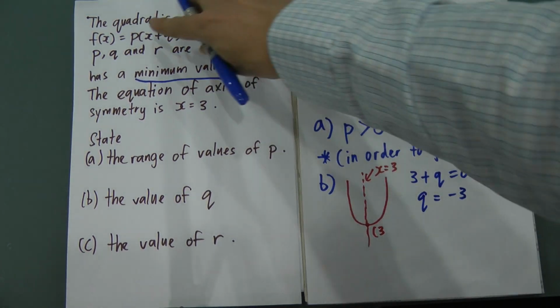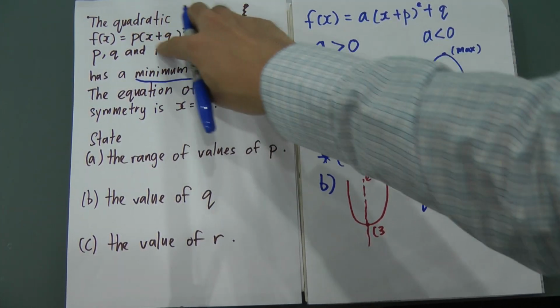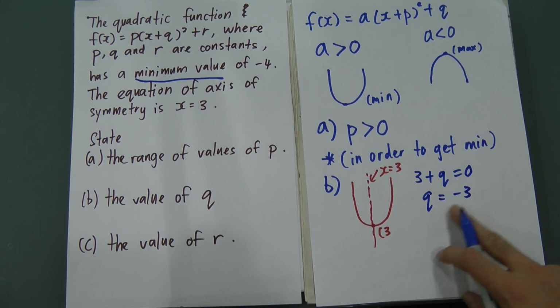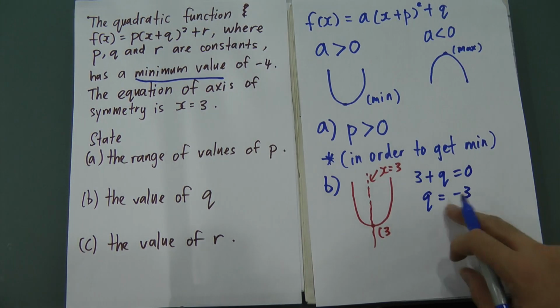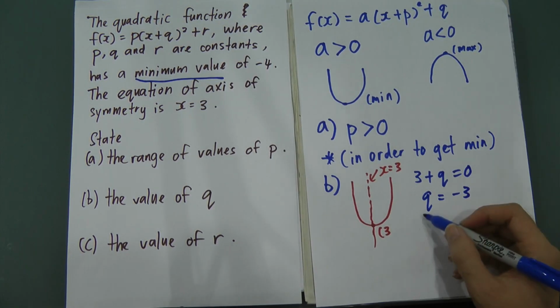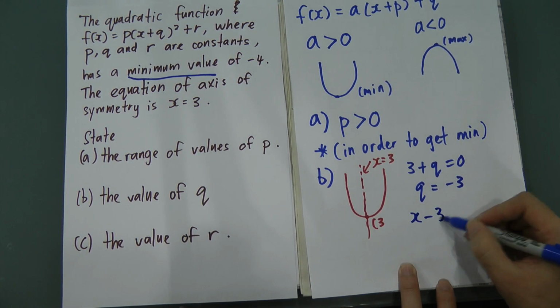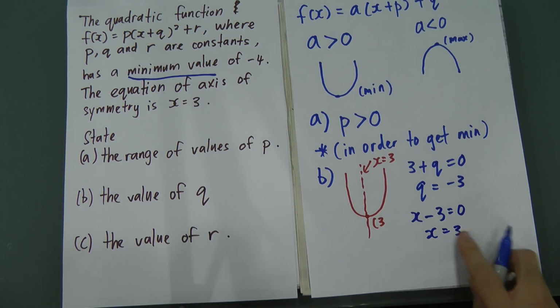In order to find the value of q, you have to make the whole bracket equal to 0. So 3 plus q equals 0, and q equals -3.